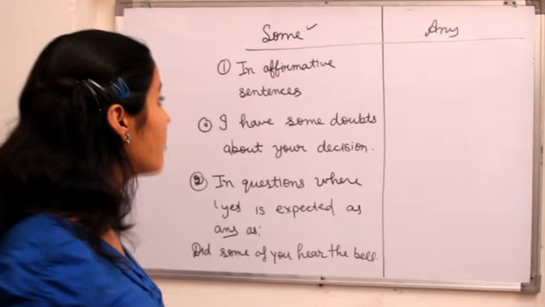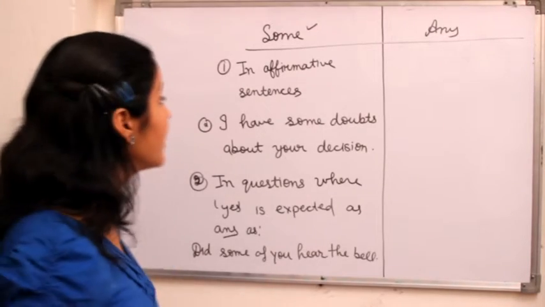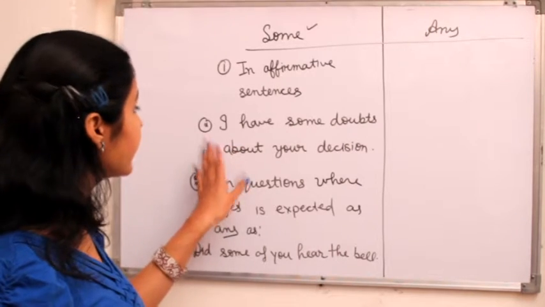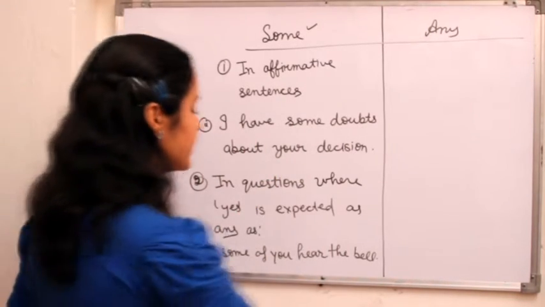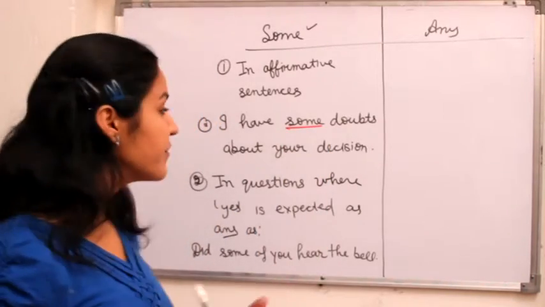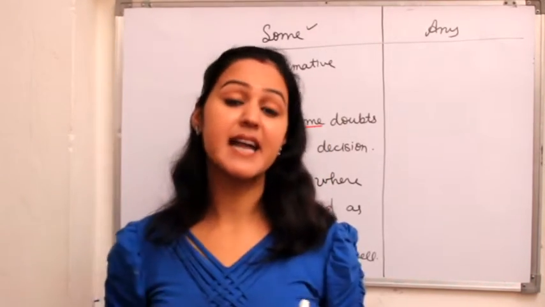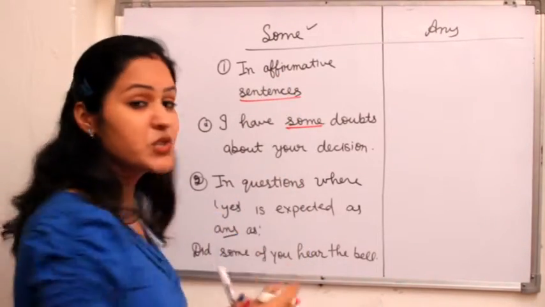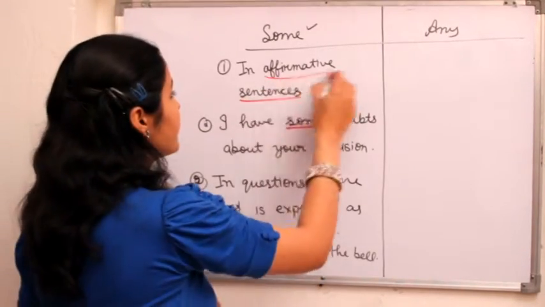So this is about some. In affirmative sentences, I write here I have some doubts. You can recognize that this is a sentence which is affirmative.